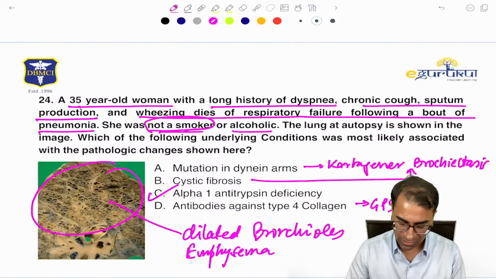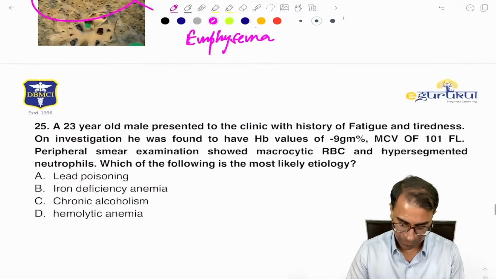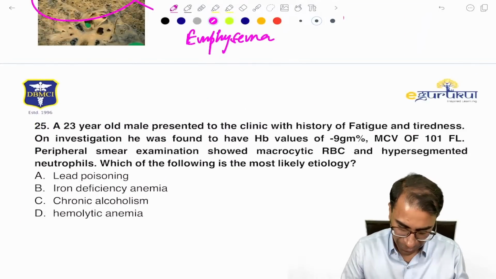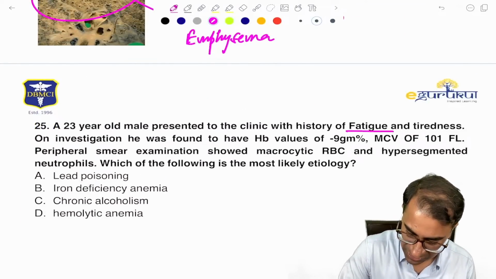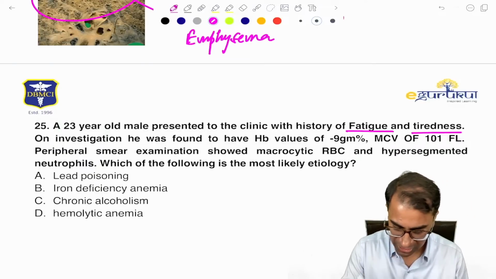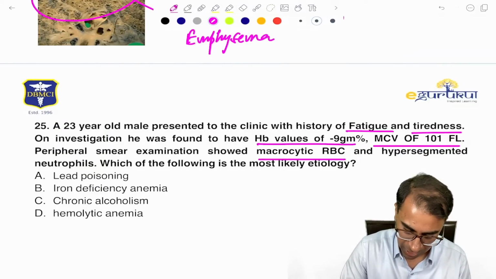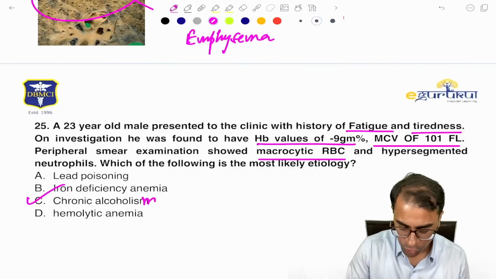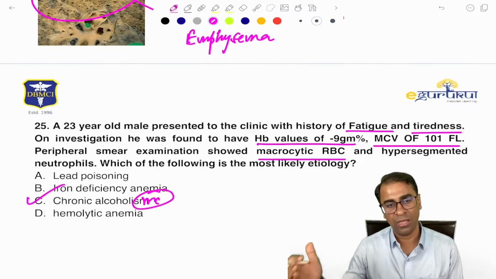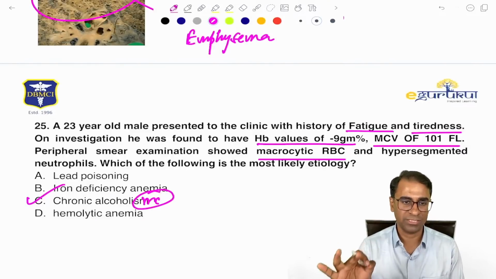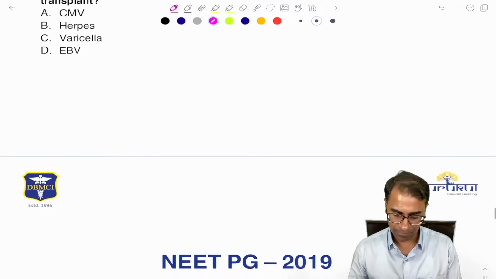The answer is C. The answer is C. A patient has a history of fatigue and tiredness, and on investigations has hemoglobin of 9, MCV of 101, macrocytic RBCs. What is it? I told you the most common cause of any macrocytic anemia is chronic alcoholism. Just remember this case. Very typical case.